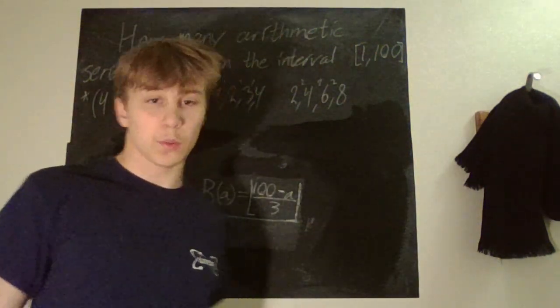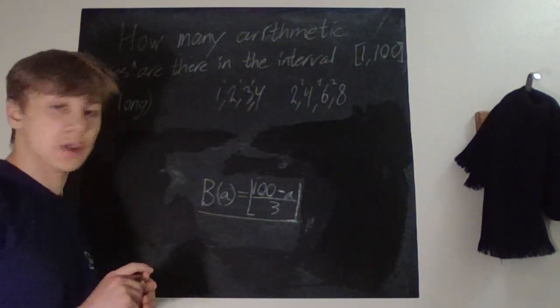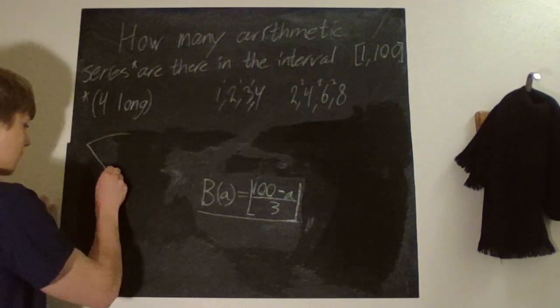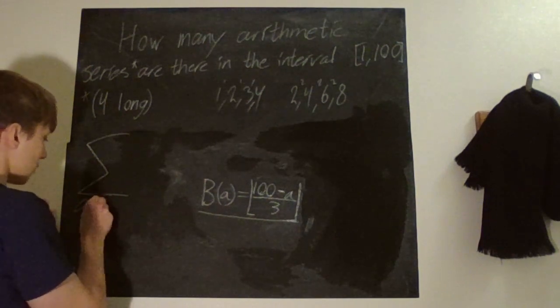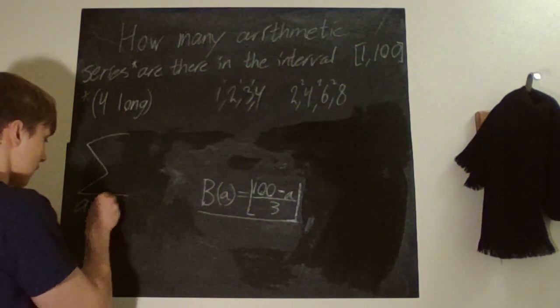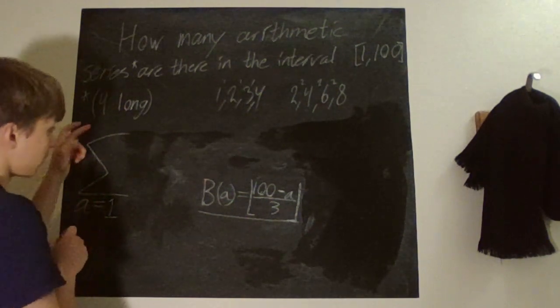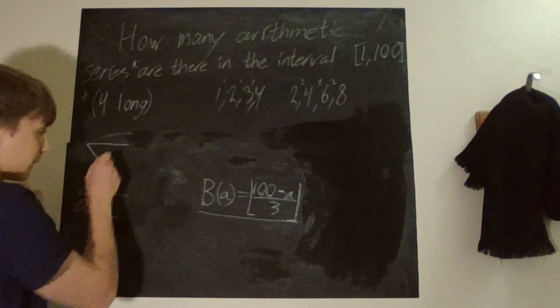So what do we have to do now? Well, we just have to sum all of them up for every possible a. So the answer we get is when a goes from 1 to, well, we could write 100 here because it would yield the same thing.